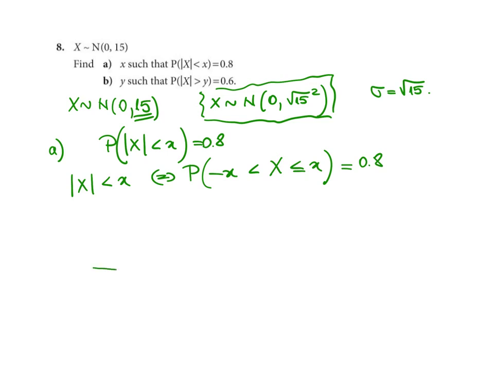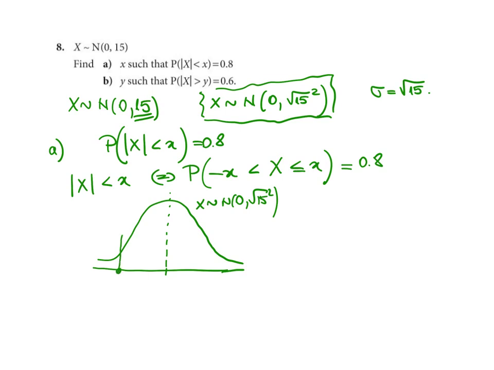That's on the X distribution with 0, square root of 15 squared. It's interesting to see that this interval is centered by 0, so you want it to be between minus h and h. And I know that it's centered because the mean of this distribution is 0.